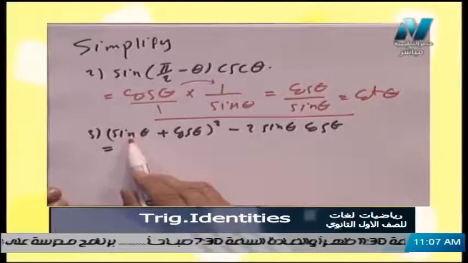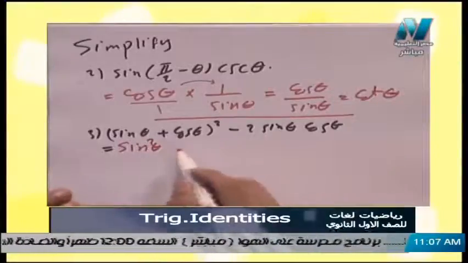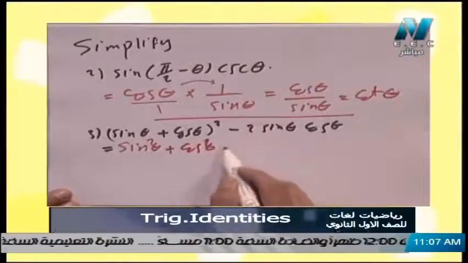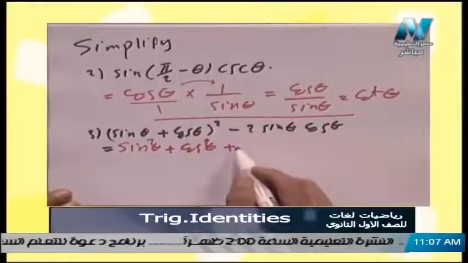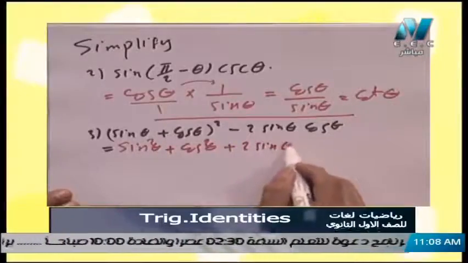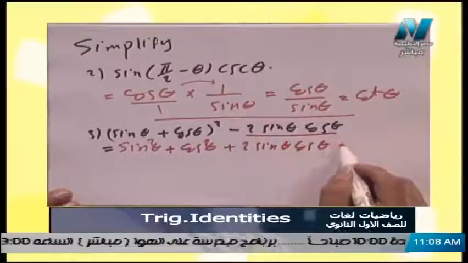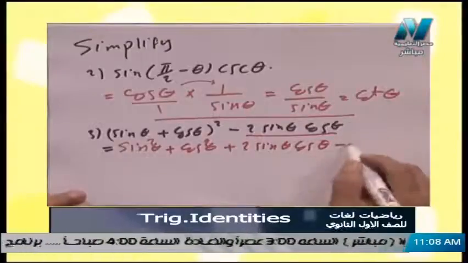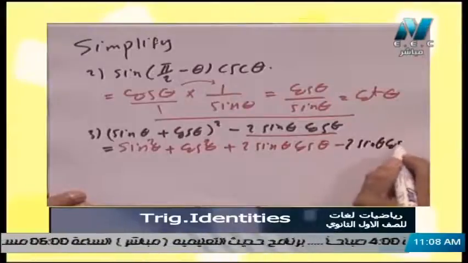This is sine power 2 theta and cosine power 2 theta, but also 2 multiplied by sine multiplied by cosine. Don't forget 2 sine theta cosine theta, and we already have minus 2 sine theta cosine theta.